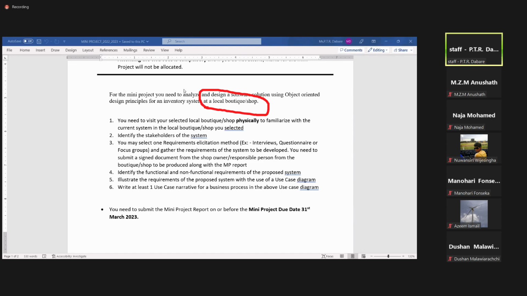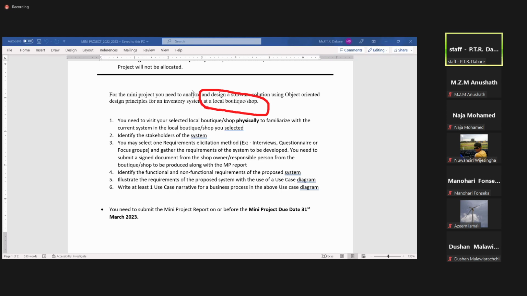Don't go for food cities. I don't know why you all can't understand. Food City is a place where an established system is already there. You will not be able to learn many things if you visit such a place, because the system is already in place. Go to a place where they don't have a system.